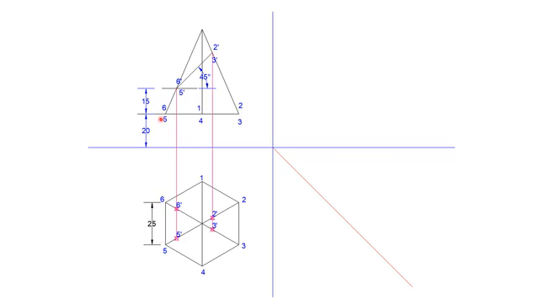In the front elevation, we can see 5 and then 6 behind it. We can also see here 4 and 1 behind it. Then we have 3 and 2 behind it.